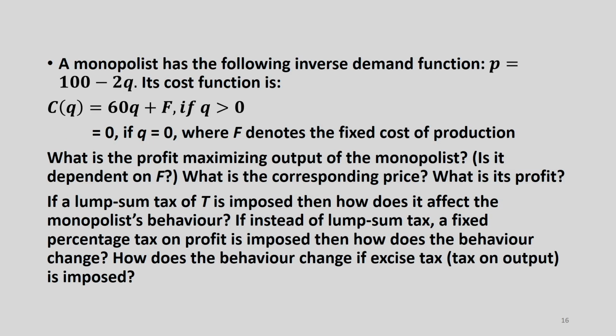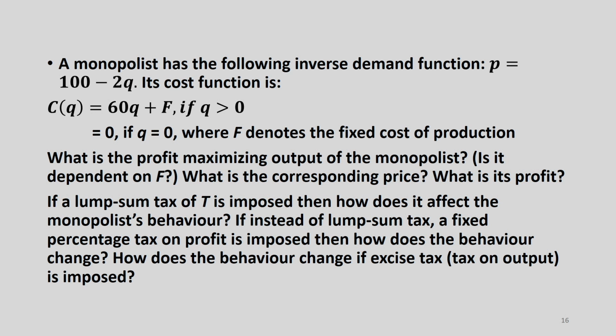All right. Another problem related to a monopoly market, but this has something to do with the government as well. A monopolist has the following inverse demand function, P is equal to 100 minus 2Q. The cost function is C(Q) is equal to 60Q plus F if Q is greater than 0, and is equal to 0 if Q is equal to 0, where F denotes the fixed cost of production.